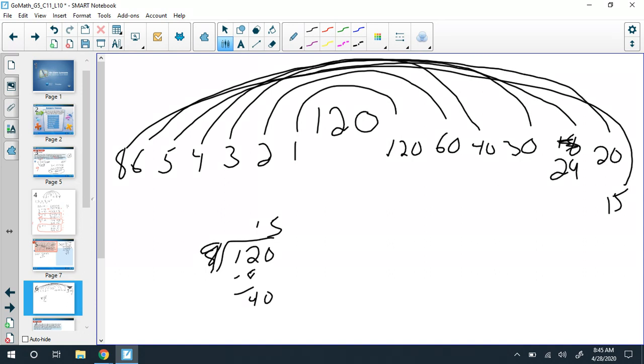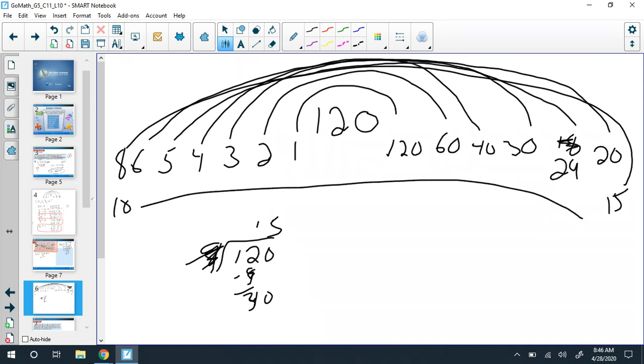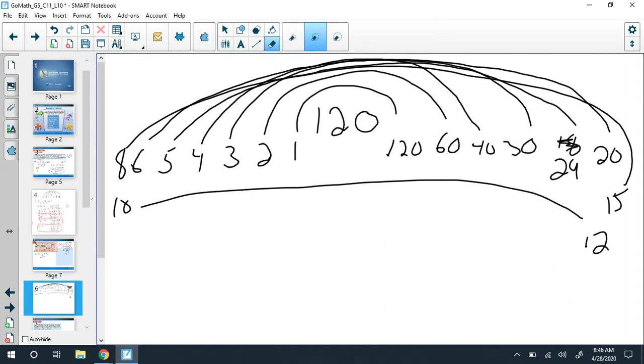So 9 goes into 12 one time. That leaves us with 30. So nope, 9 won't work. And then of course, hopefully we recognize that 10 will go in because it ends in a 0. And 10 times 12, and 11 doesn't work either. So these are all of our factors of 120.